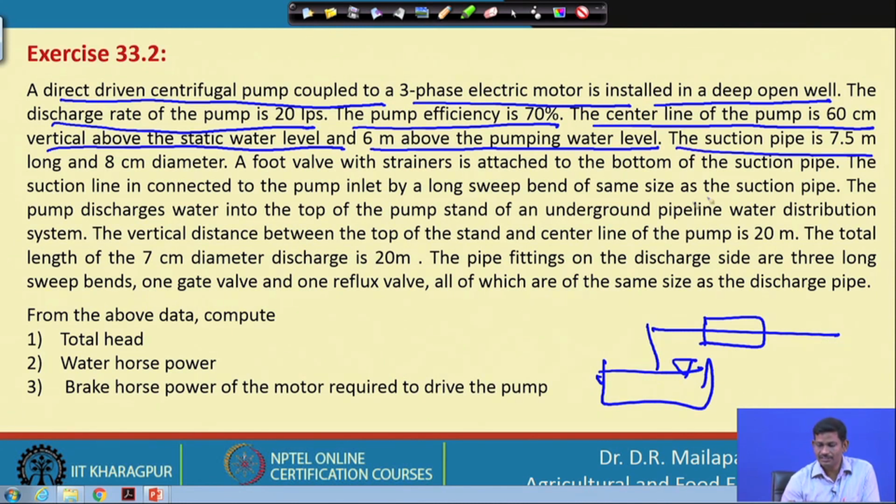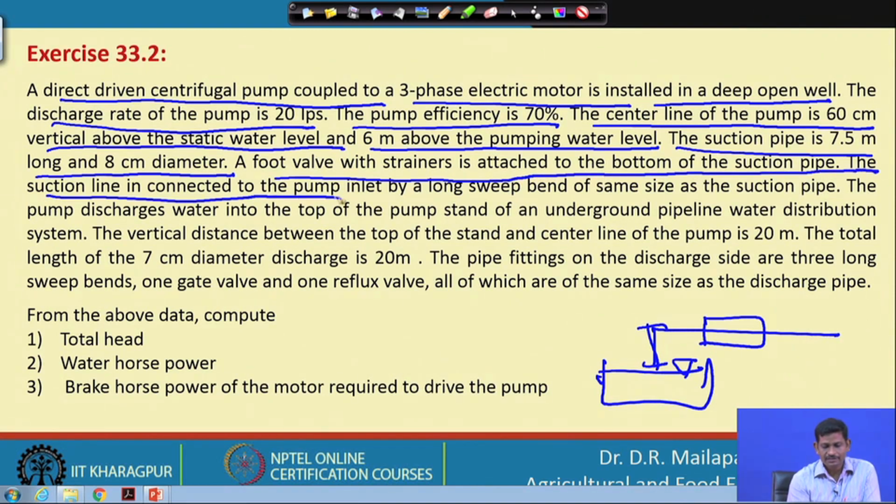Then the suction pipe is 7.5 meter long and 8 centimeter diameter. A foot valve with strainer is attached to the bottom of the suction pipe. The suction line is connected to the pump inlet by a long sweep bend, the same size as the suction pipe. The pump discharges water into the top of the pump stand in an underground pipeline water distribution system.